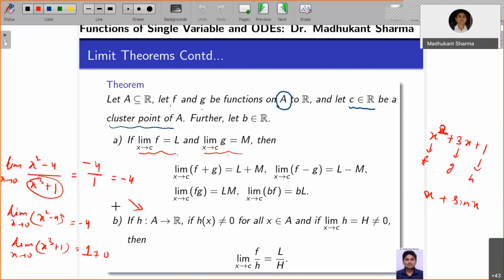The domain should not contain -1, and where the function is defined, f and h should be such that the rational function completely does not contain the point -1. Otherwise you cannot refer to this result, because the conditions are clearly stated here: h of x should not be 0 for every x, and the limit should not be 0.